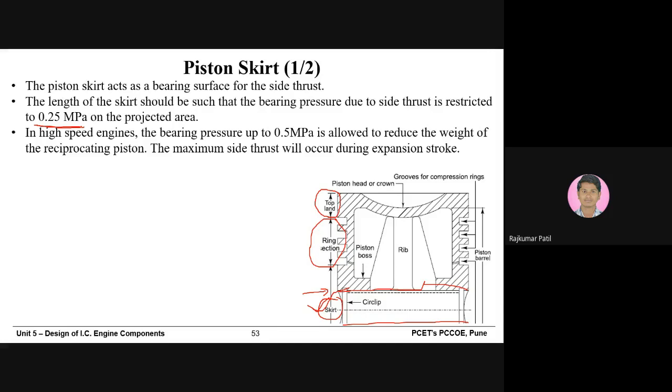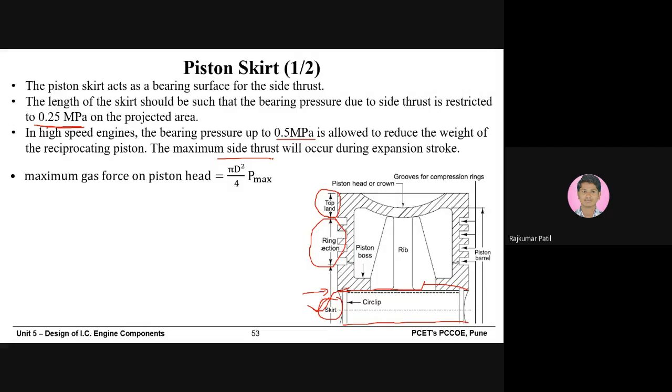Again, in case of high speed engines, bearing pressure up to 0.5 megapascal is allowed to reduce the weight of the reciprocating piston. The maximum side thrust will occur during the expansion stroke, so considering that value, we need to design the skirt.